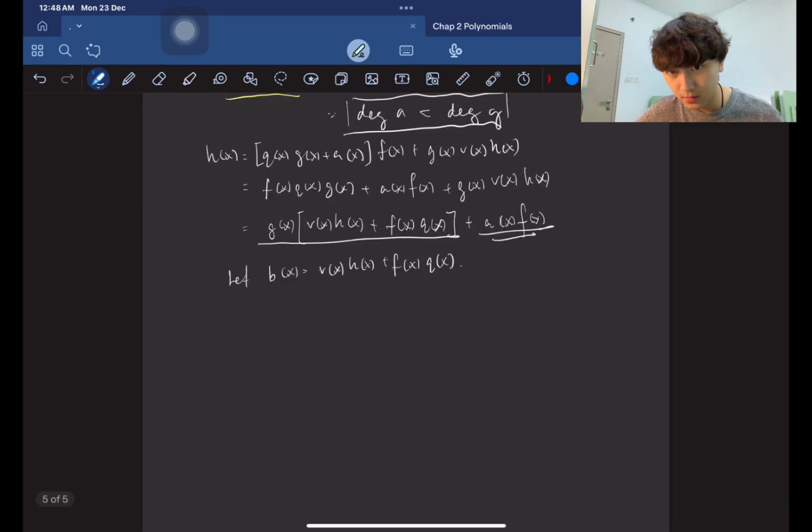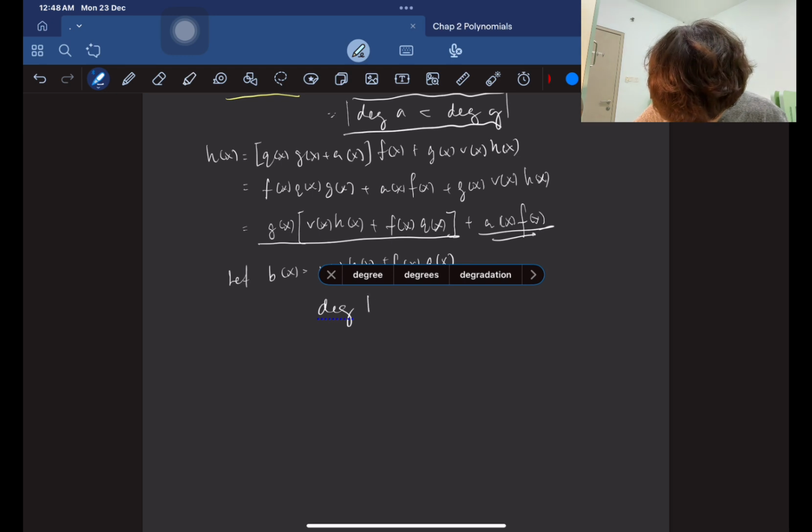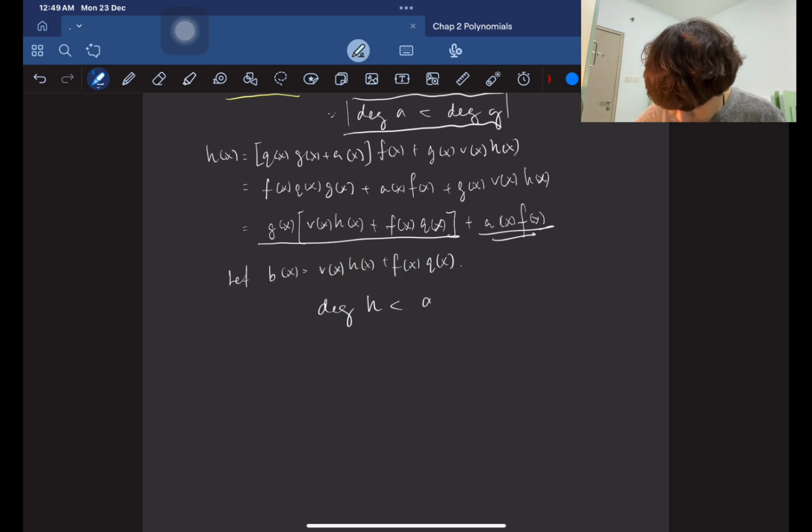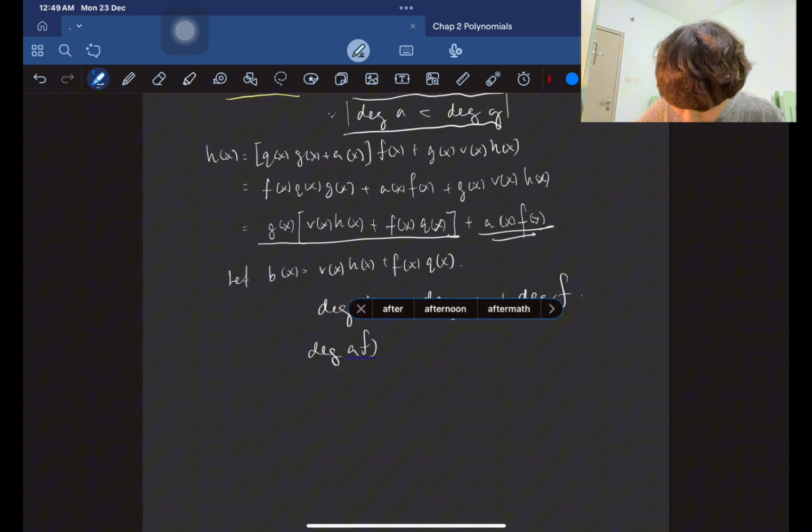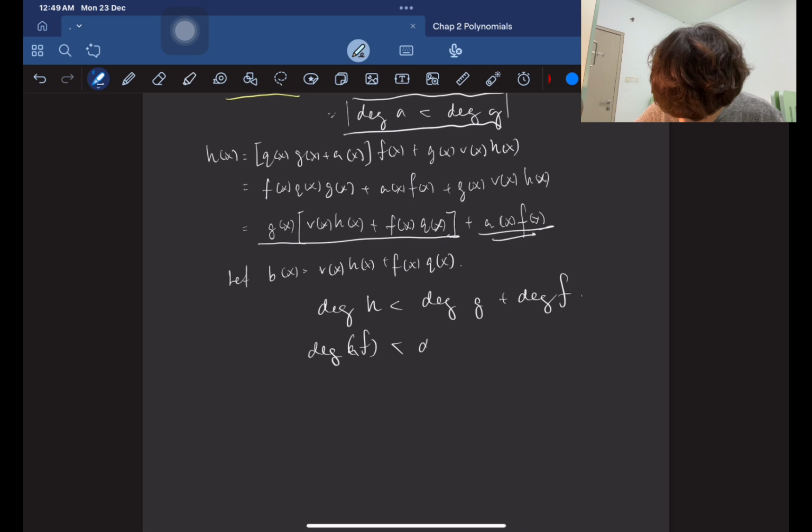Alright, so let's continue. Degree h must be smaller than degree g plus degree f, as we know from the question. So degree af must be smaller than degree g plus degree f.